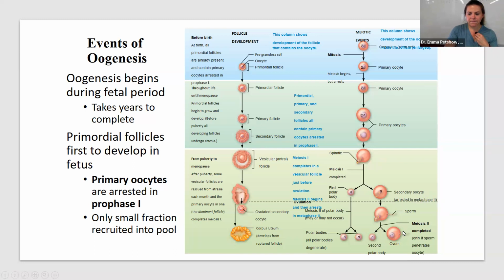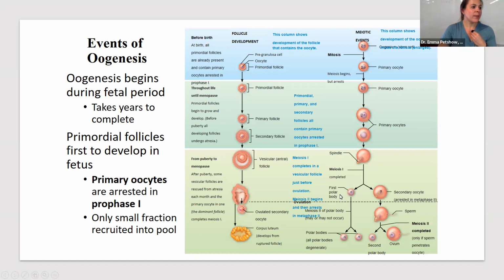One other interesting note about oogenesis: when we saw our spermatids, they were all equal, multiple spermatids that look the same. When we go through meiosis 1, you get a first polar body that's haploid, but it has a small amount of cytoplasm and is essentially a non-capable oocyte.